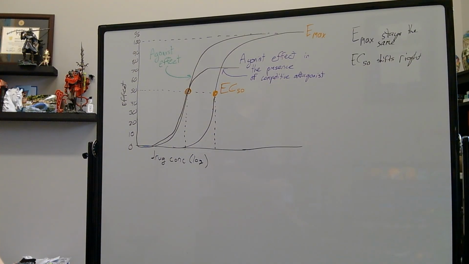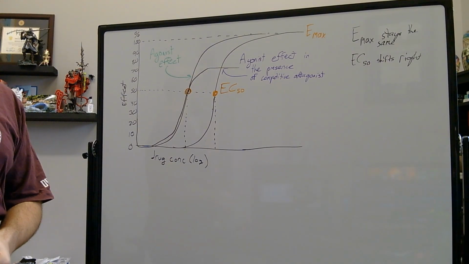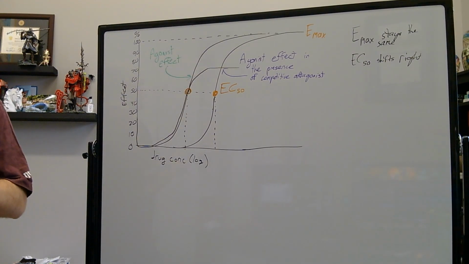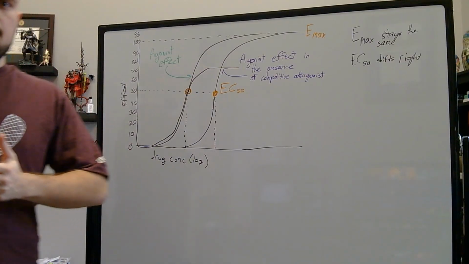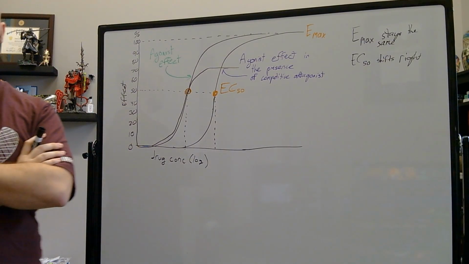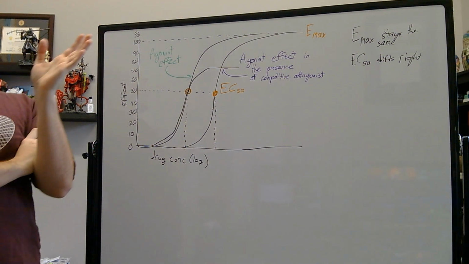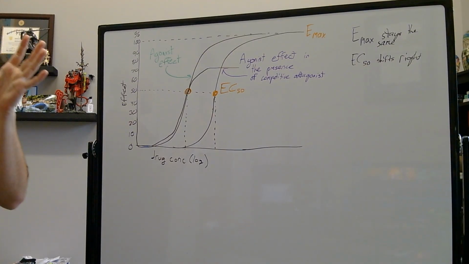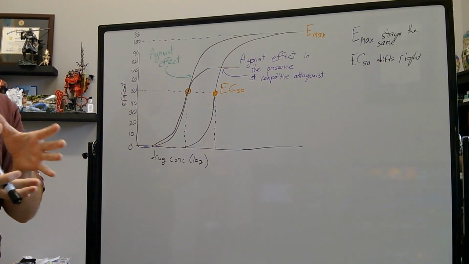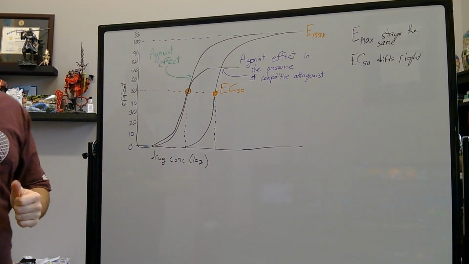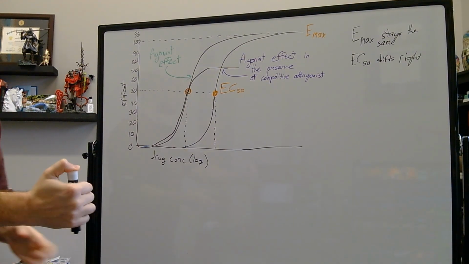So another type of antagonist is a non-competitive antagonist. How they work is they bind somewhere else or otherwise permanently disable a receptor. So they're not a competitive antagonist that's sitting on the receptor and can be kicked off.